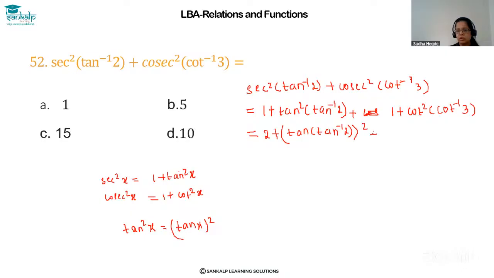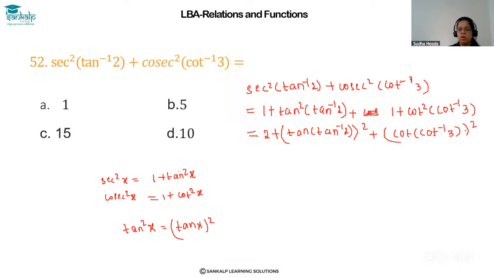Similarly for cot, cot of cot inverse 3 whole square.